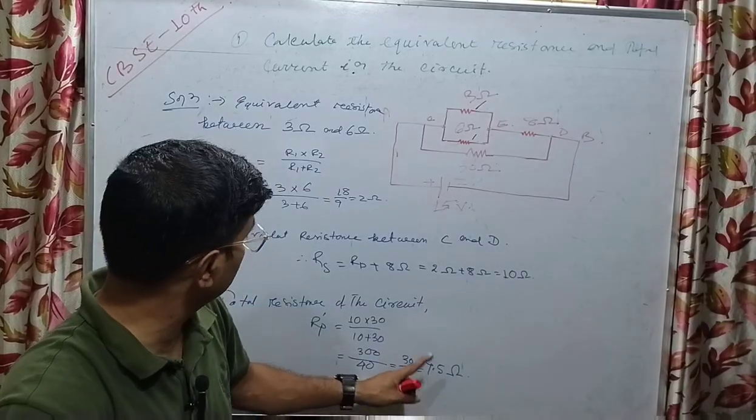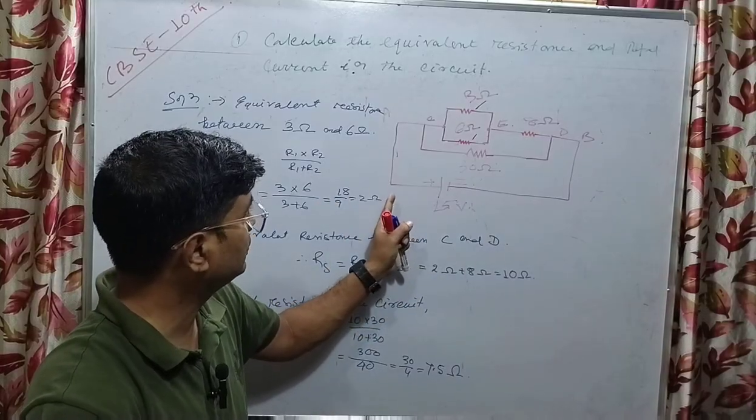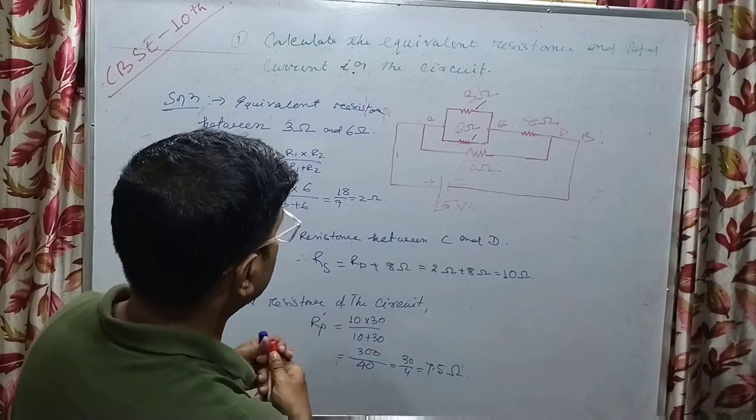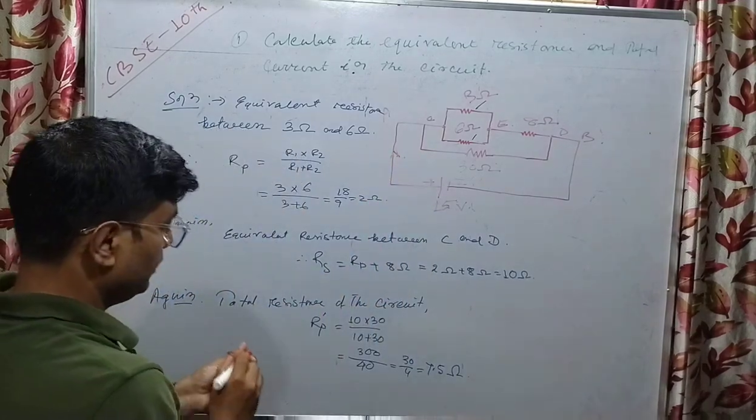Now I am going to use this resistance to obtain the current which is flowing throughout this circuit. Clear?